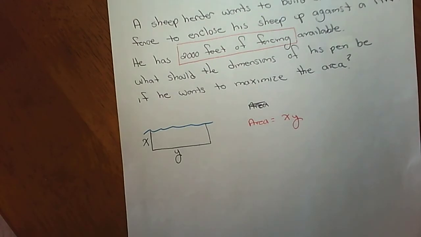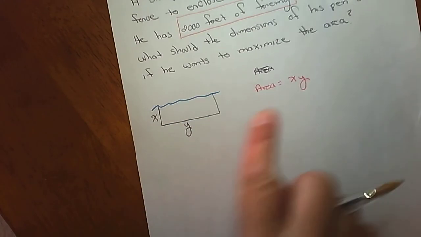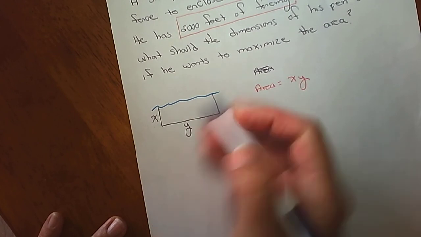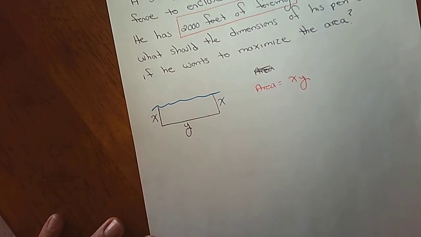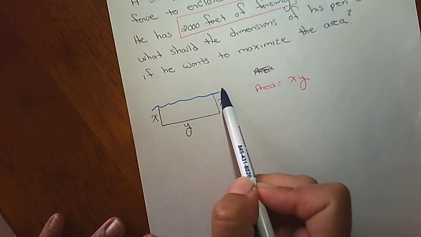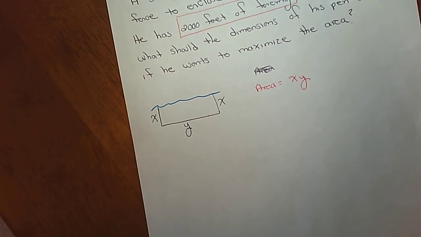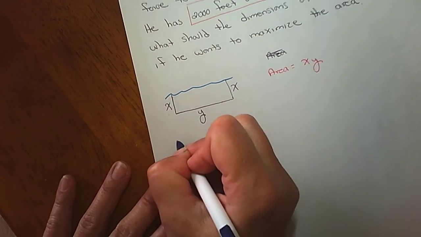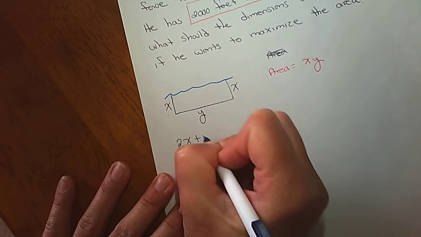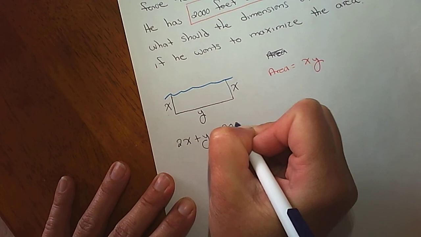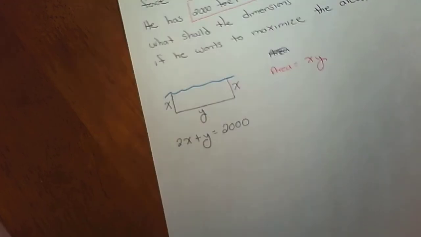We're going to use that to help us out with our area. Well, if you know this is x, then this has to be x. And again, we don't need any more here because there's already something there to barricade it, the river. We don't have to go there. So that means we have 2 x's plus y worth of 2,000 feet of fencing.